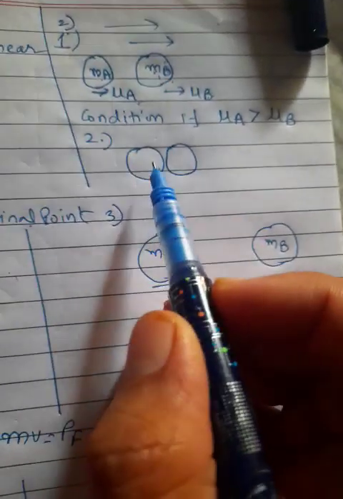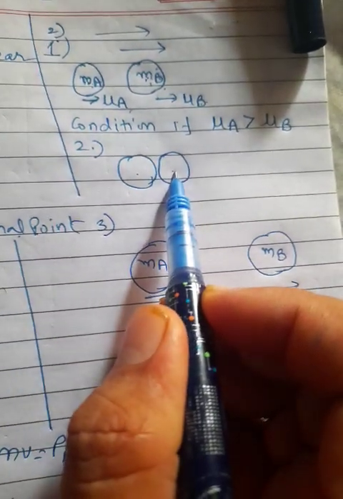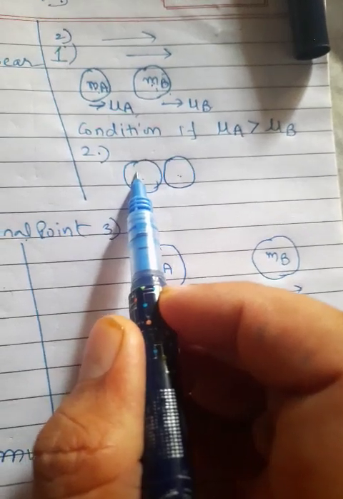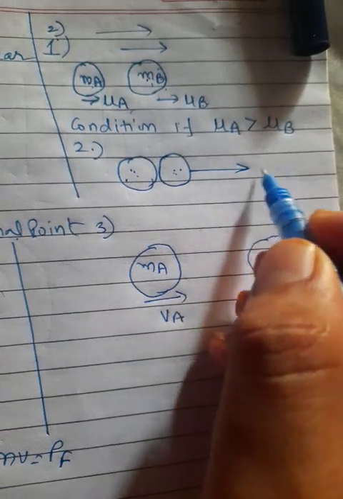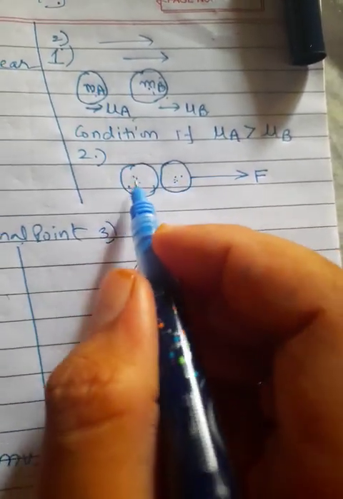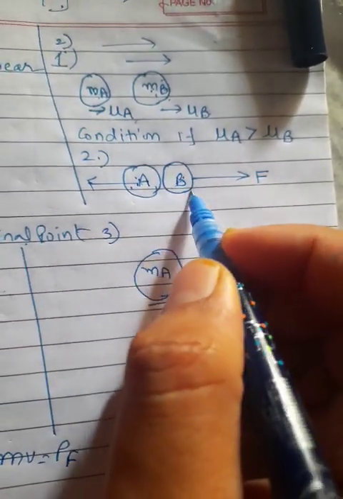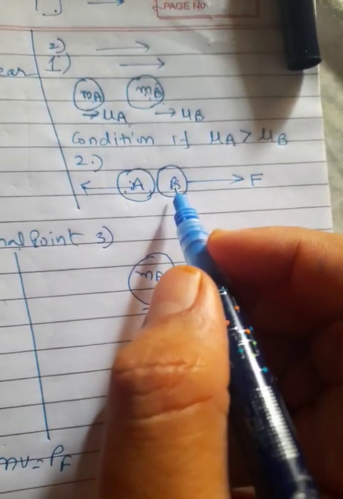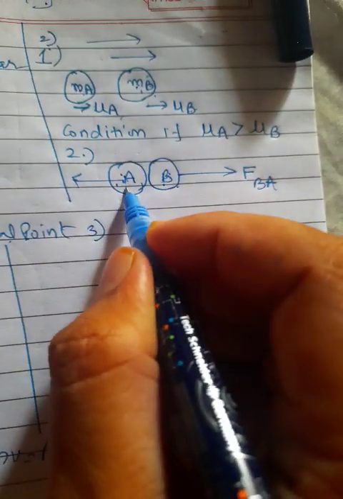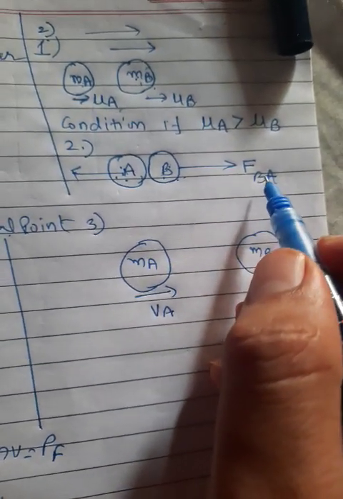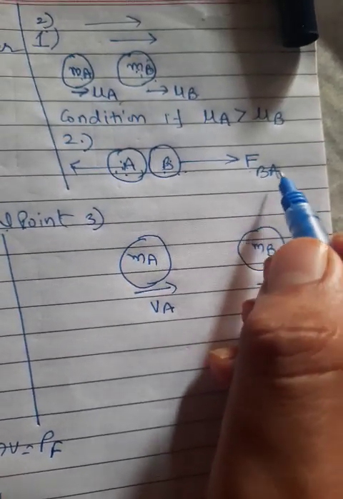But here you can see, when both bodies collide with each other, this body will apply force on this body and this body applies force on this body. So when this body collides with this body, we will get force in this direction, and when this body collides, we will get force in this direction. If we say this is body A, this is object B, when both collide, here we can say FBA, meaning B body gets force from A. The body which is getting force we write first, and the one which is giving force, the effector, we write in the back side.